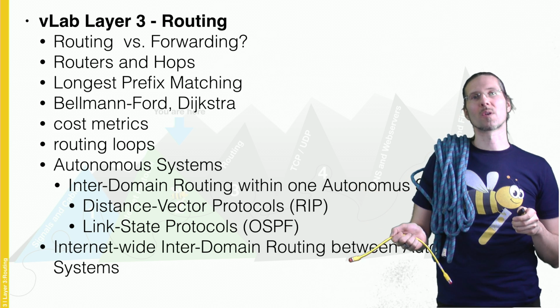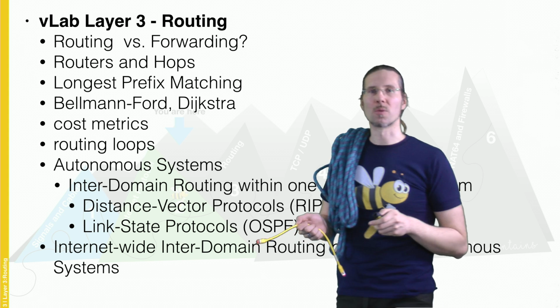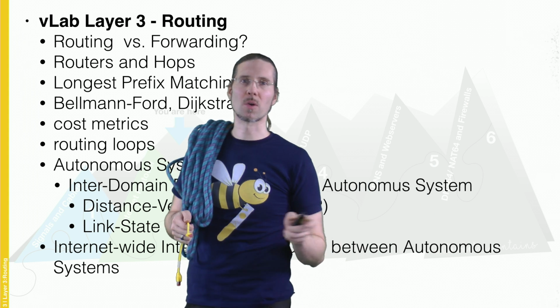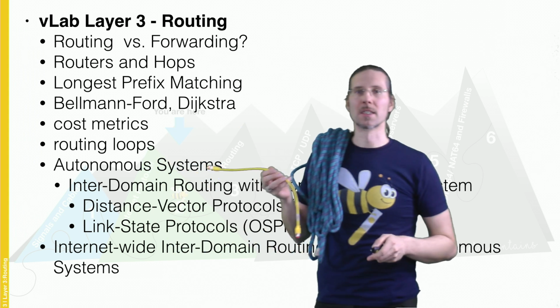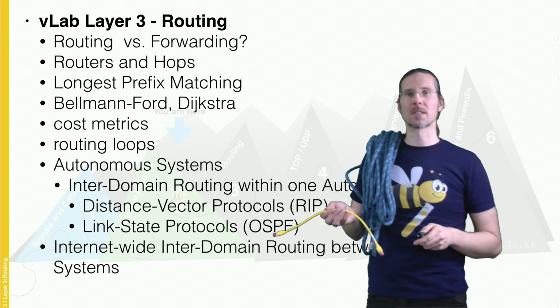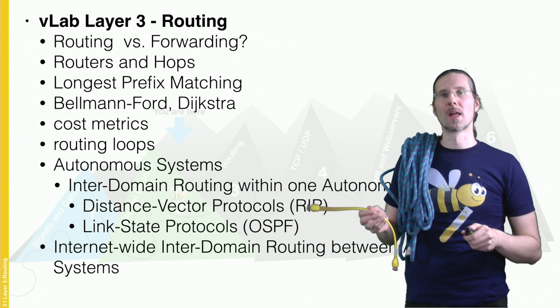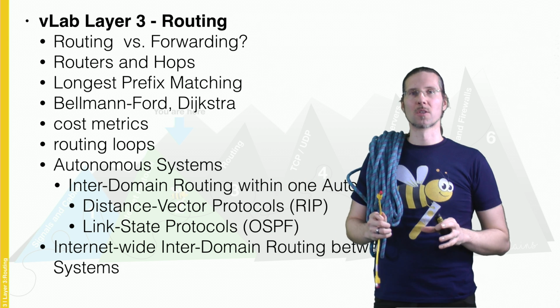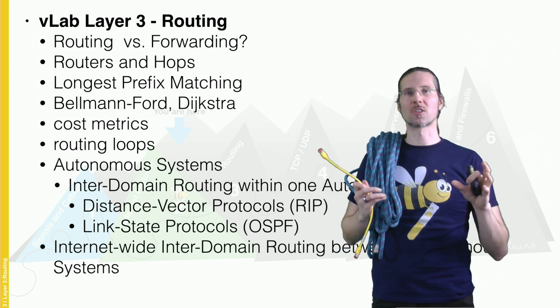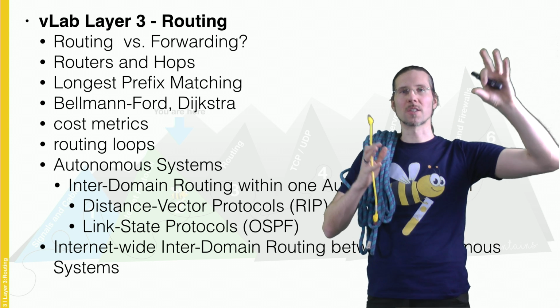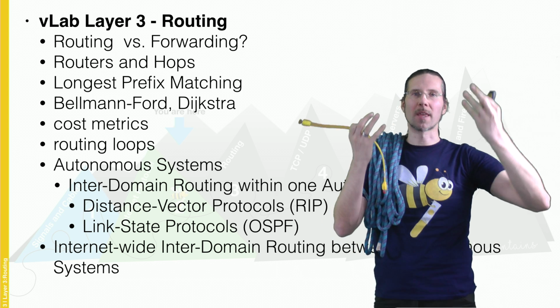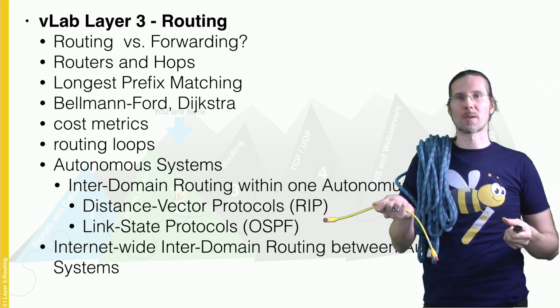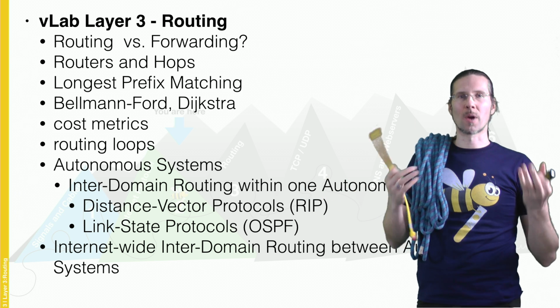And we also look at internet-wide interdomain routing between those autonomous systems. And this is then the protocol we look at that holds this global internet together automatically. So there the information is exchanged into which directions packets should be sent, and when they're close to the destination, then the other protocols are used to address your host.